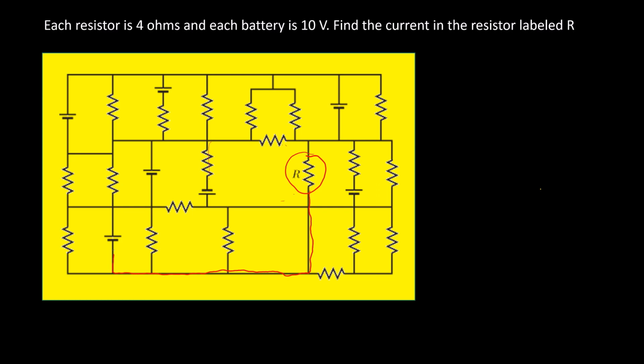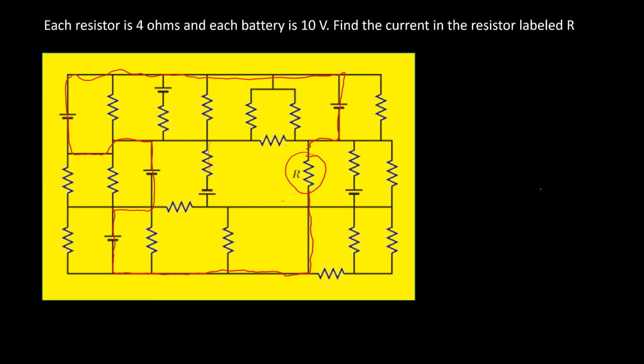I go through the battery, it's good. It's one V here, another V here, and then I go here, another V here, and then I go this way, and I don't have any other currents involved. Because when you go through a resistor, you have to multiply the resistance by the current through that resistor to get the voltage. But if you don't go through any other resistor, then you don't need that.